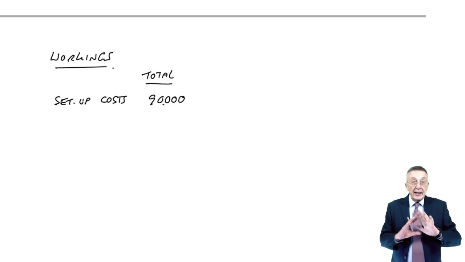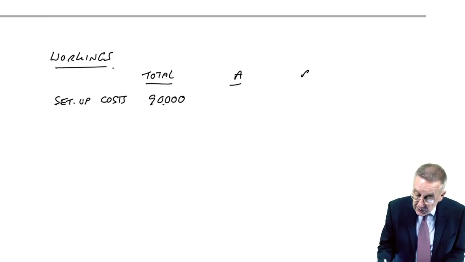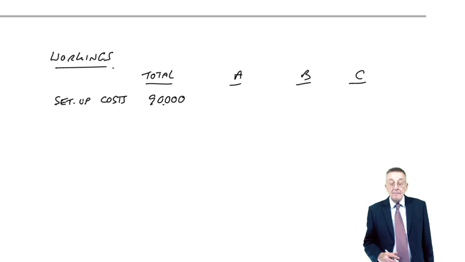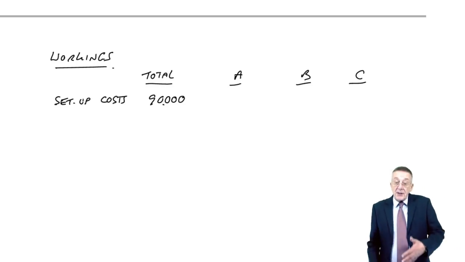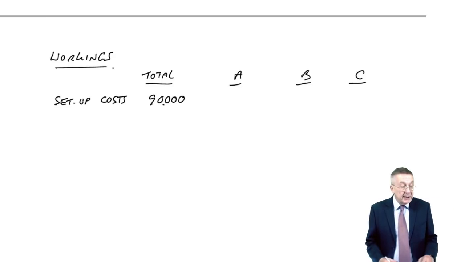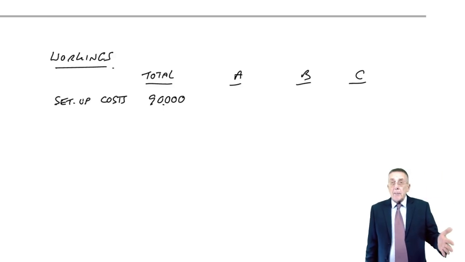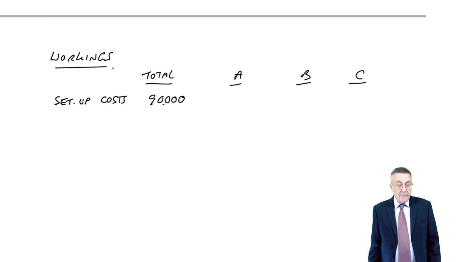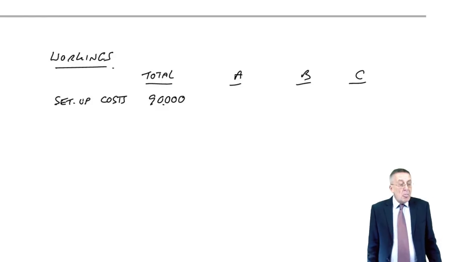But I'm going to decide out of that total, how much in total we should charge to each of the three products, A, B and C. Now let me explain what we mean by setup costs and then how we actually do it arithmetically. These are standard words you may see in the exam, so don't be worried about the English if it's a problem. Once I've explained it, it should make sense.